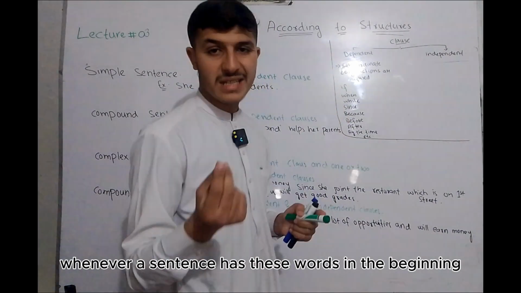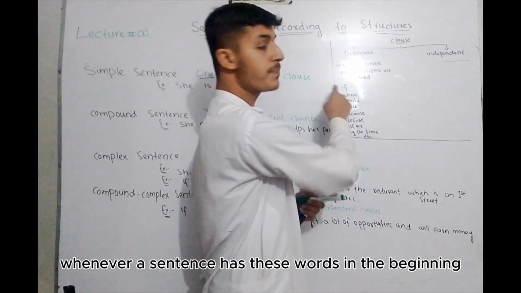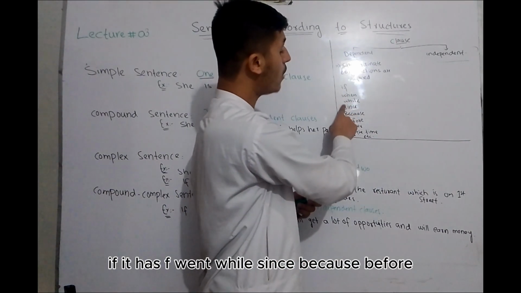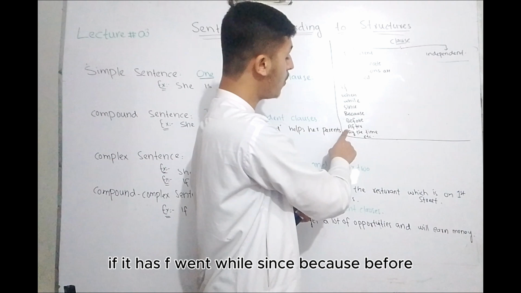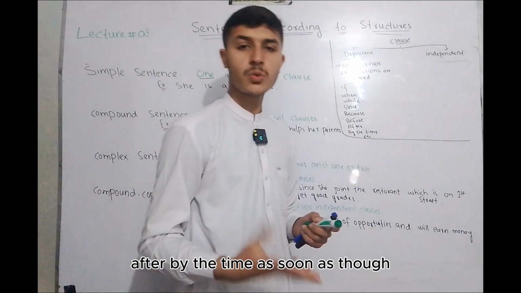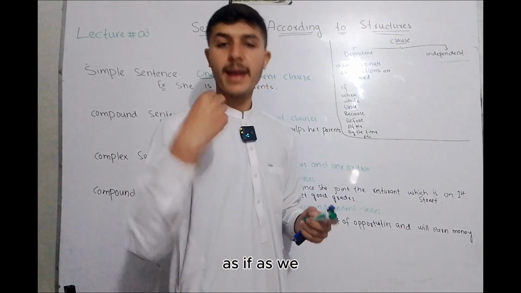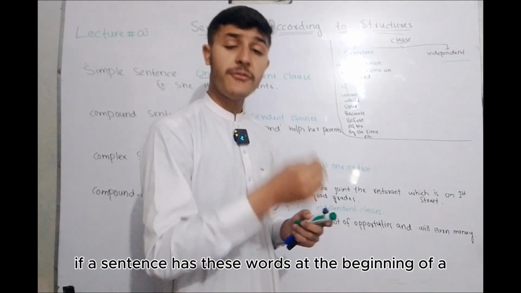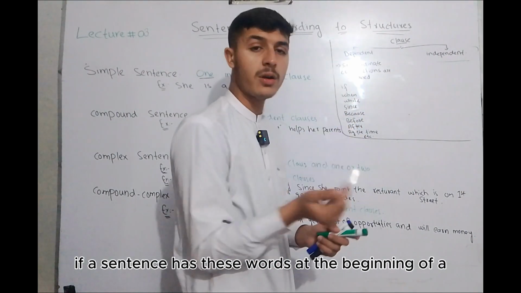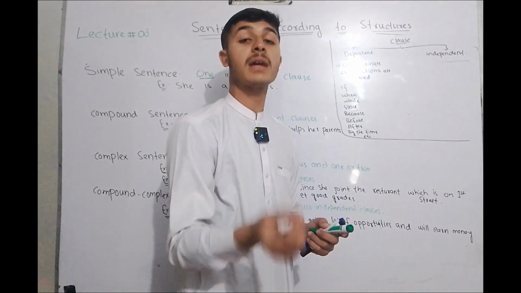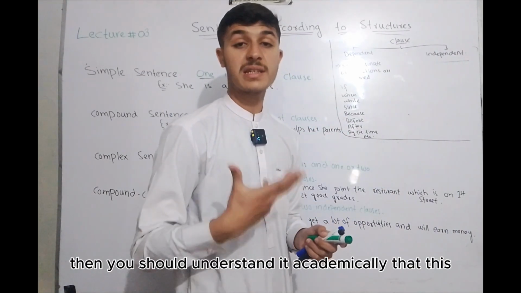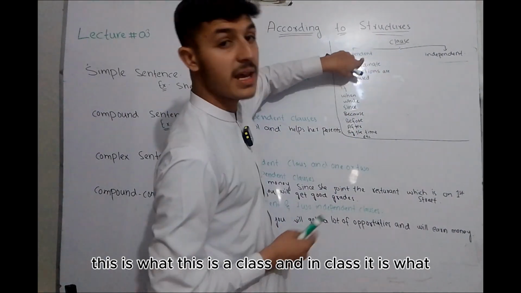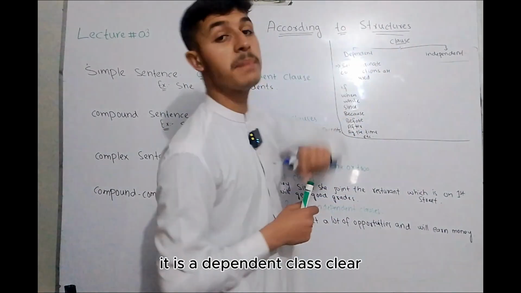Whenever a sentence has these words in the beginning, for example, if, when, while, since, because, before, after, by the time, as soon as, though, as if, as, and we have more subordinating conjunctions as well, then you should understand automatically that this is a clause, and it is a dependent clause.